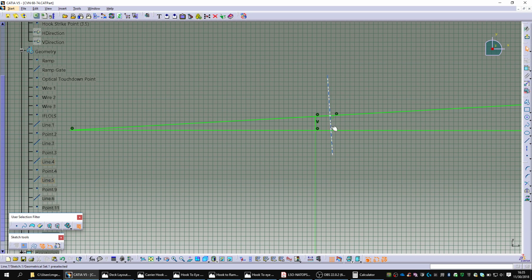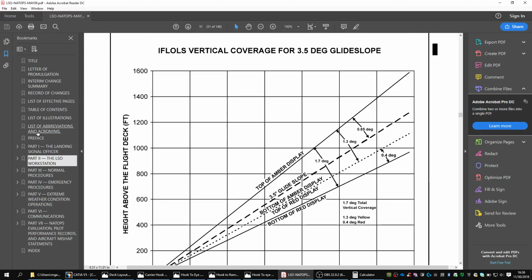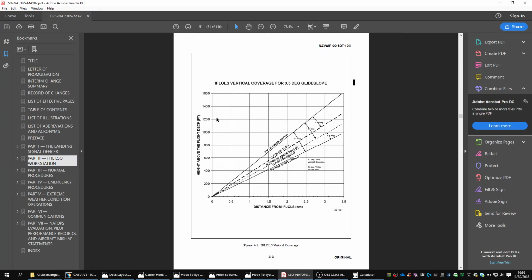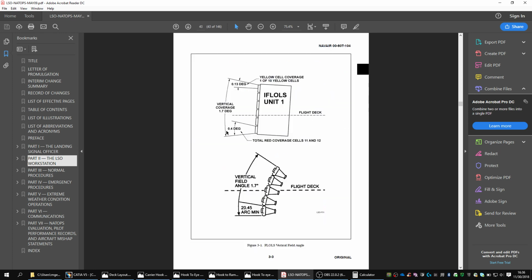Since I ripped apart the DCS model, I was able to measure that. I'm going to pull the measurement up here on another piece of paper that I got. So basically, I know the distance from the top of those cells to the bottom of that. Now, when I say I know the distance, what I mean is I measured it using the same CATIA software after I ripped the model apart.